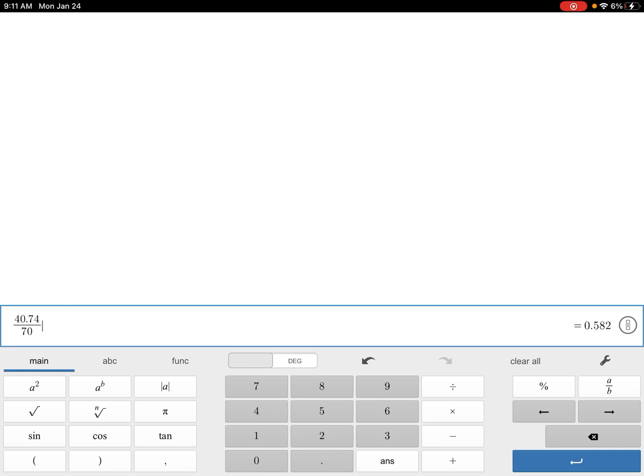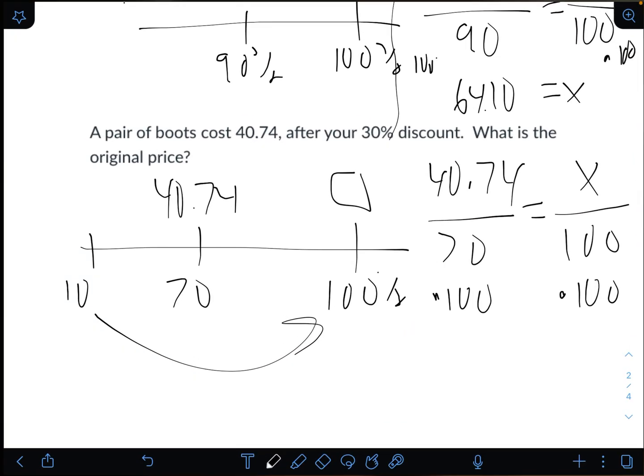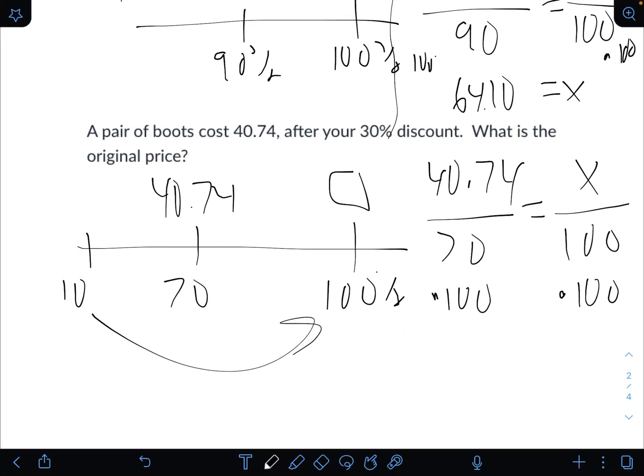Then we gotta times whatever that is by a hundo, and we get 58.2. So when we do all that math, we get 58.2 is X, but we're talking about money, so it's $58.20. Okay?